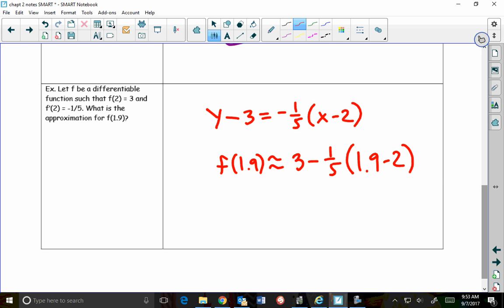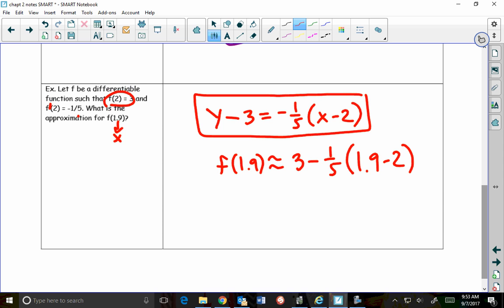Okay. Let me tell you why I was able to do it so fast. First off, the information was given, so I just had to get to my tangent line, right? So we know this is dealing with the slope, and this is my point slope. Then I want to plug in 1.9 into the x. So I plugged 1.9 in, and all I did was add over my 3. On the AP test, you guys are going to love this.